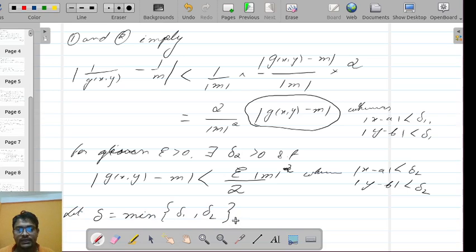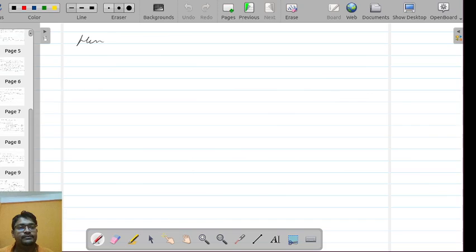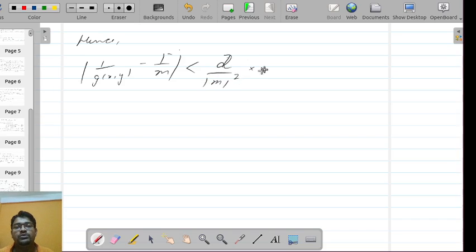Okay, in that case we can substitute, and in the next page we will get, hence mod of 1 divided by g of xy minus 1 by m, this is strictly less than 2 by mod m square into epsilon by 2 into mod m square. Okay, right?